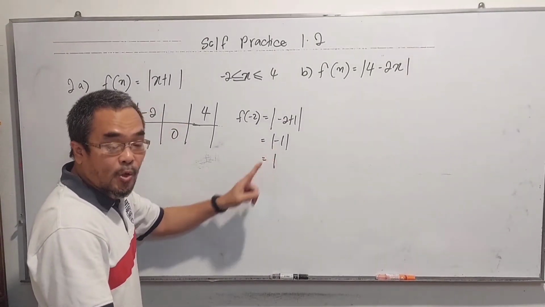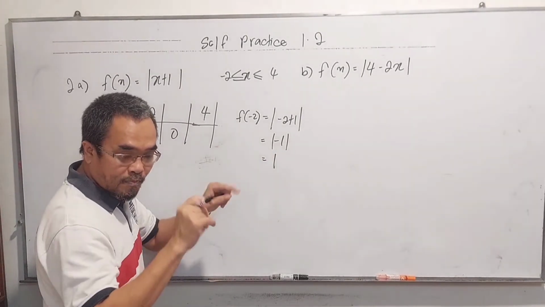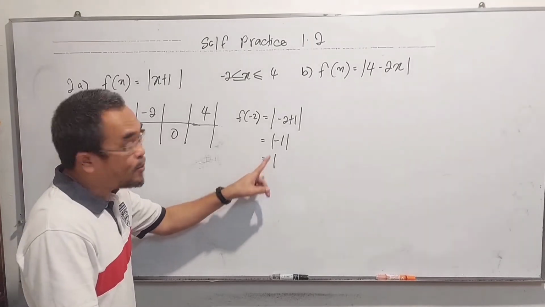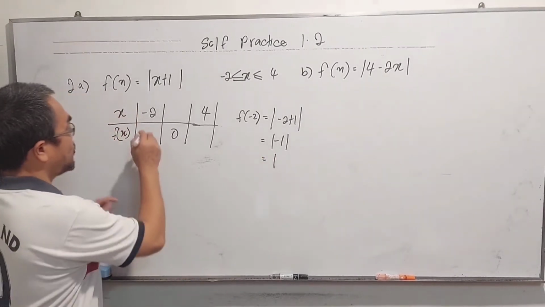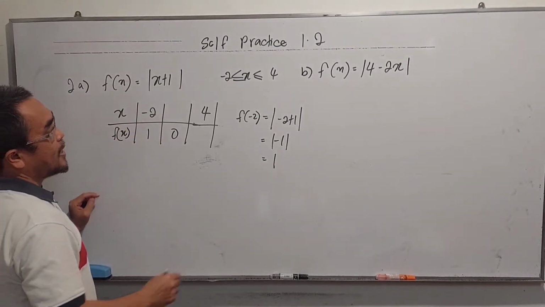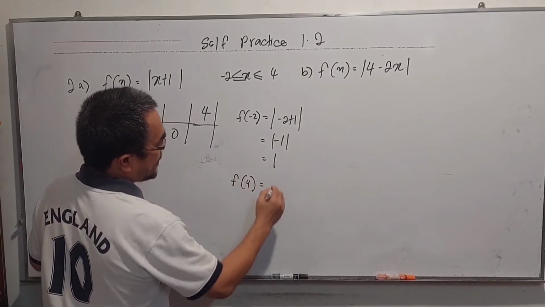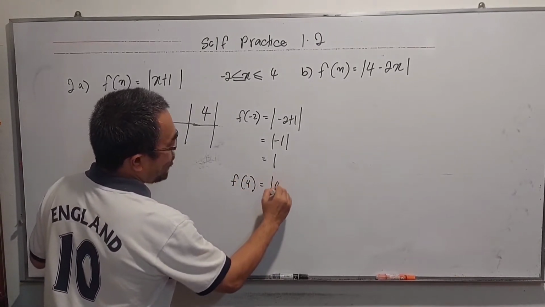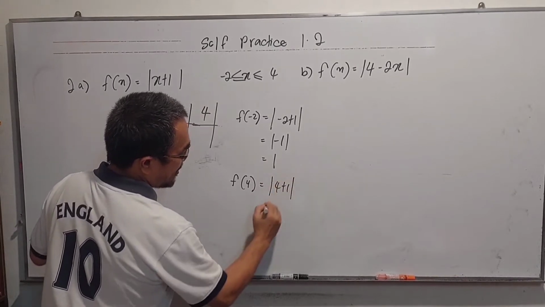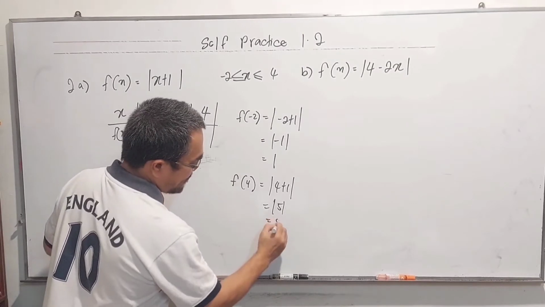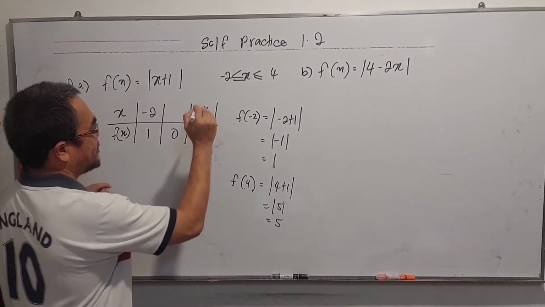This is the actual final value, it will be positive. So 1 is here. And for f(4), 4 plus 1 will be 5. 5 remains as 5. So 5 here.